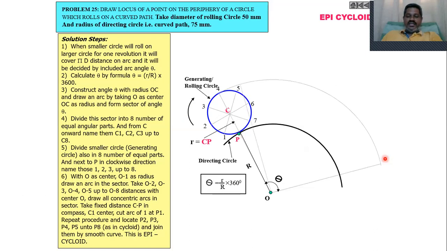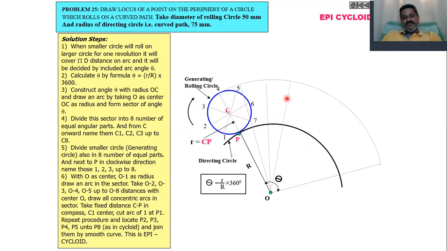Then divide this sector into an equal number of divisions, as we have done in the case of the generating circle. The generating circle is divided into 8 equal divisions, and those 8 equal divisions need to be made in the sector also.